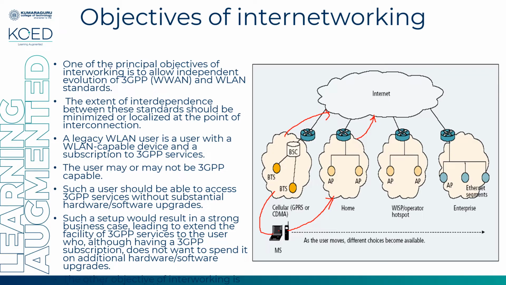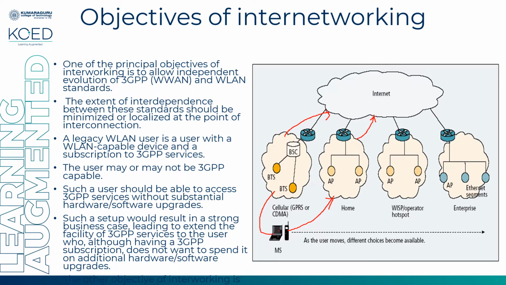So you cannot use an exclusive cellular network to get the internet services. So the cellular network must be connected to the internet with the help of some gateway, so that the internet services are also provided to us. So that is the objective of internetworking.